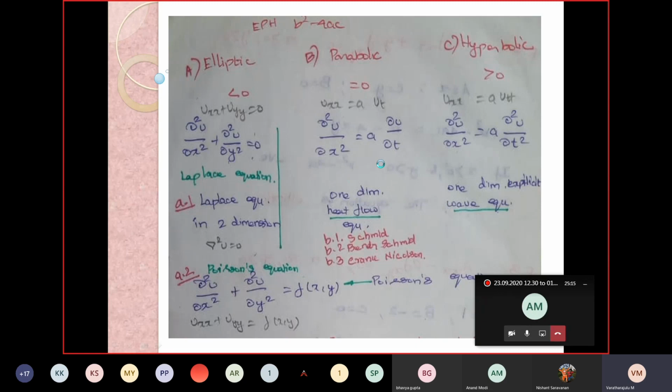The wave equation can be classified as hyperbolic, that is greater than 0. If B² − 4AC is greater than 0, then that is called hyperbolic.